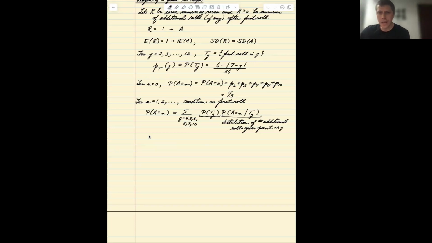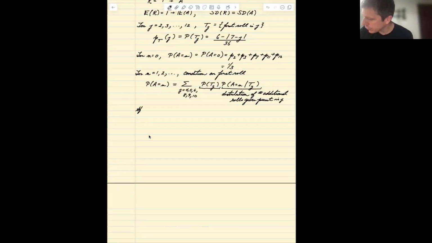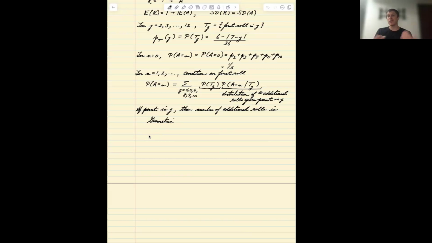Now, if the point is j, what happens is we're going to roll until we either hit a j or a 7, right? So the number of additional rolls is geometric, and a success, even though we might win or lose, we might lose if we roll a 7 out, a success is just ending the game in this example, right?